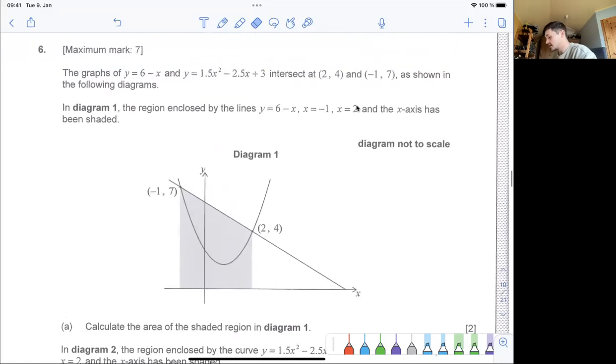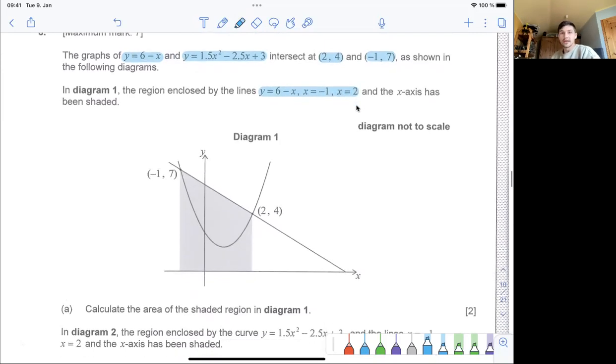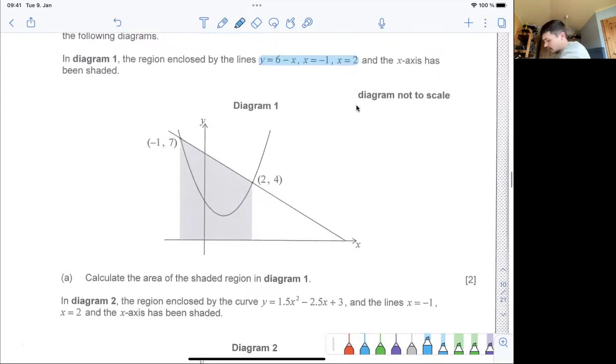All right, so let's go through, underline, highlight important information. So the two graphs, we'll want to consider the points of intersection. So there's two ways we could go about calculating the area of the shaded region here.